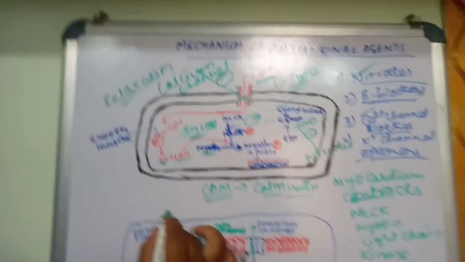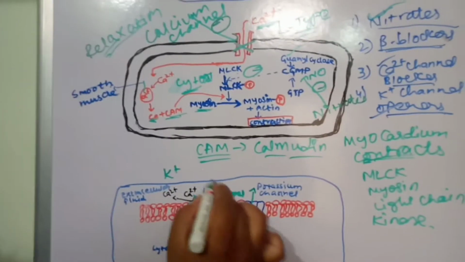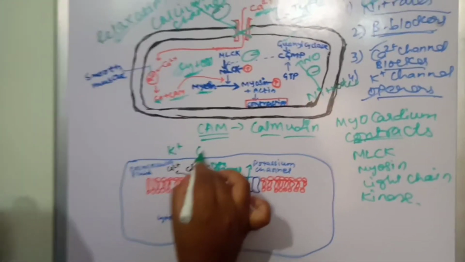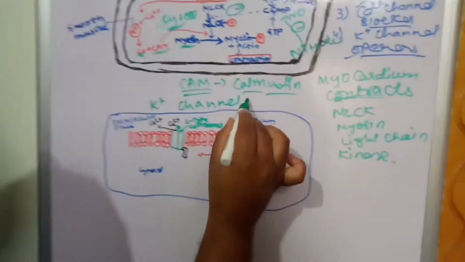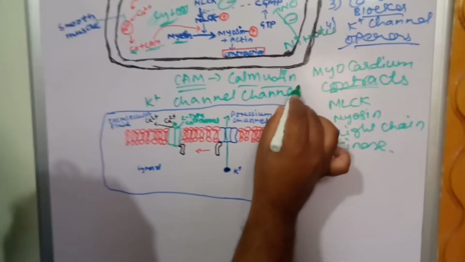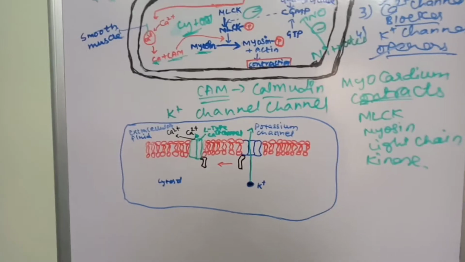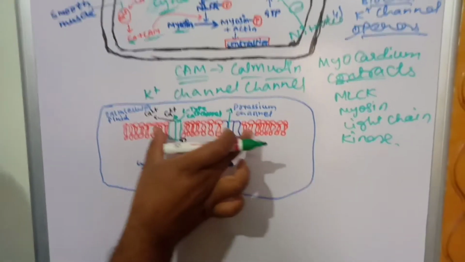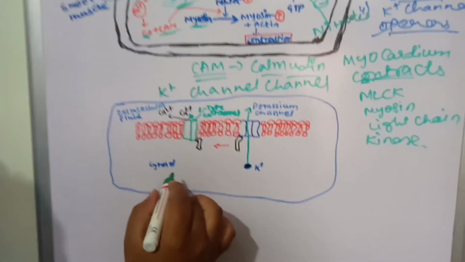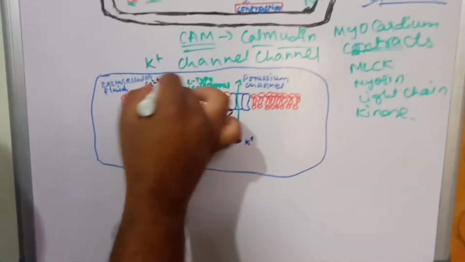Now if we come to the point of potassium channel openers, this is in the second diagram where you can understand them. So what are these potassium channel openers? You see here the membrane, with the inside of the cell being the cytosol and the outside being the extracellular fluid.